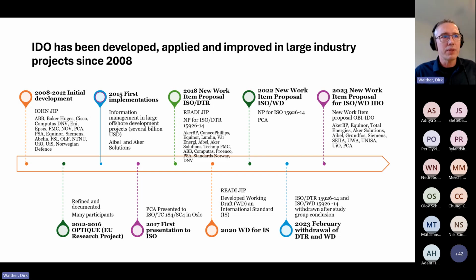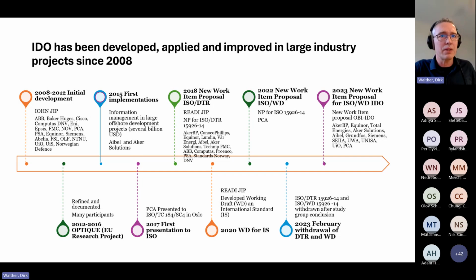Then the need for standardization became clear, and this was presented to ISO, and a draft technical report was proposed and developed. And later a working draft for full international standard was proposed. However, we hit a little roadblock there. There was some disagreement.